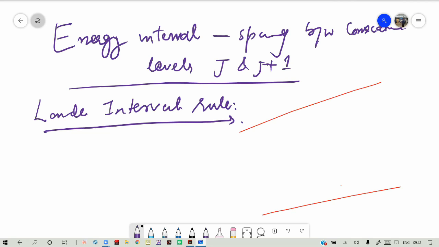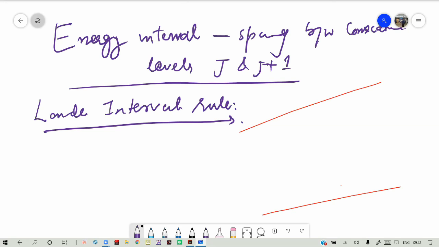This rule is about the spacing between two consecutive energy levels with total angular momentum quantum numbers j and j plus 1 when there is a fine structure.